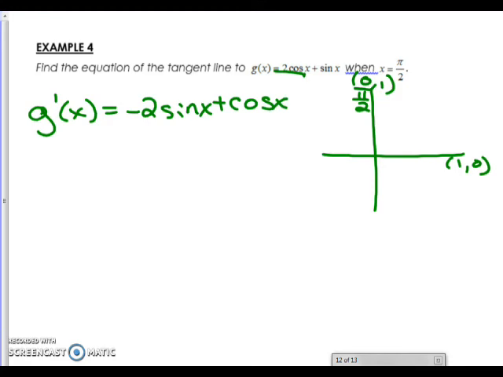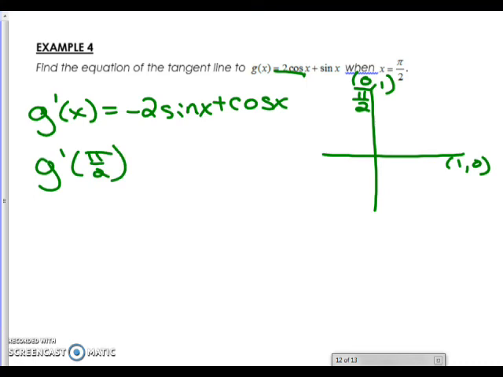Now, it says find the equation of the line tangent. If I'm writing the equation of the tangent line, tangent means derivative, slope, right? So to get the slope, I need to take the derivative, check. But now I need to plug into that derivative to get a number, because slope is a number. So I'm going to plug pi over 2 into the derivative.